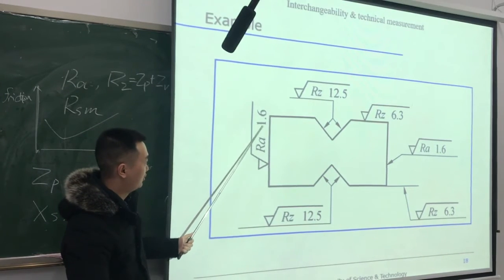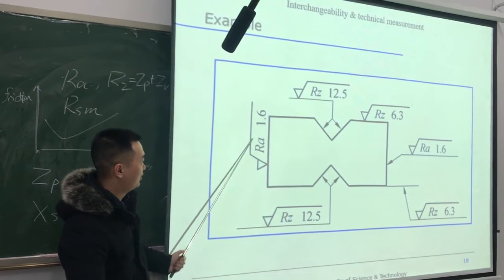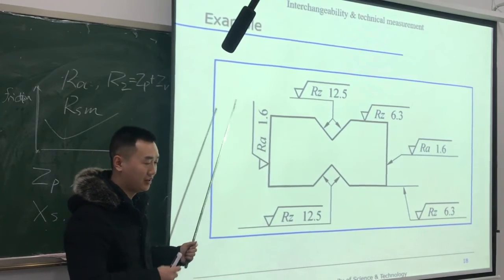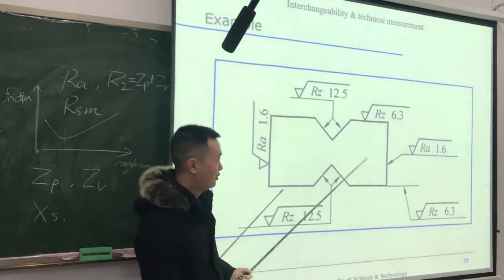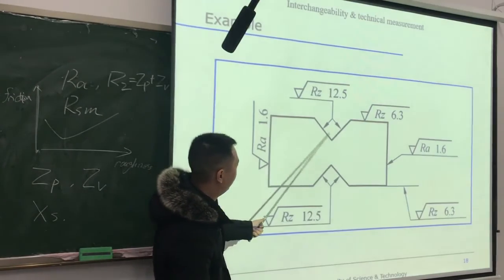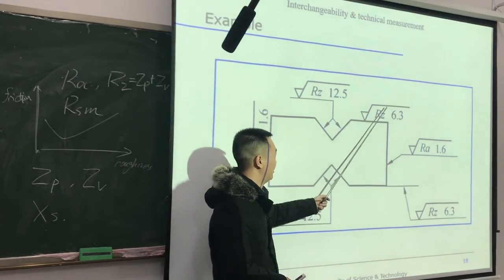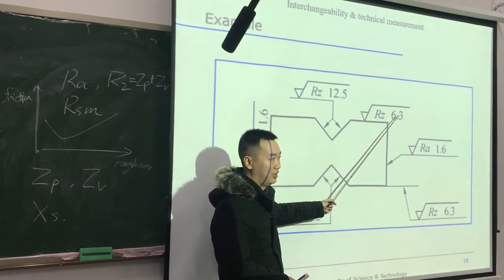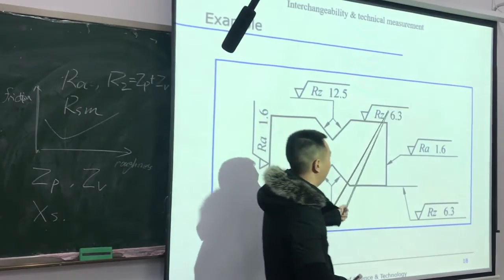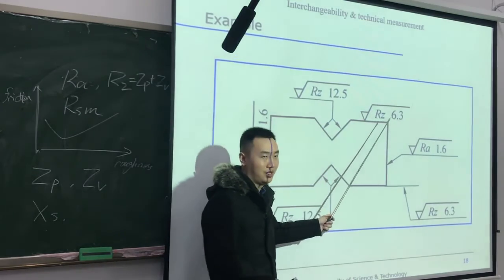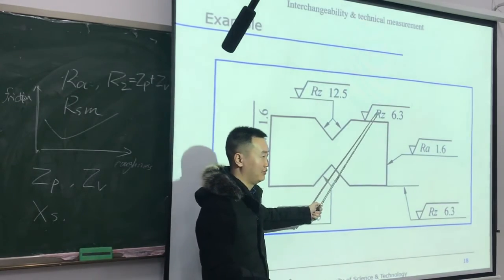So if only one requirement is labeled here, it means it has an upper limit requirement. It means that the roughness of these planes should not exceed the labeled values here. And the value here is not in millimeters. The unit here is micrometer.